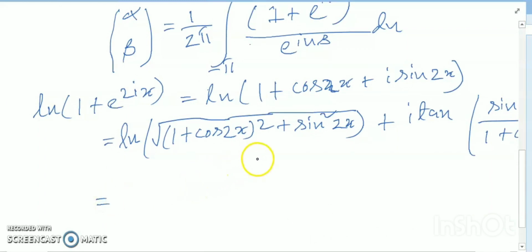So 1 plus cos 2x whole square and sine square 2x equal to 2 cos x, ln.